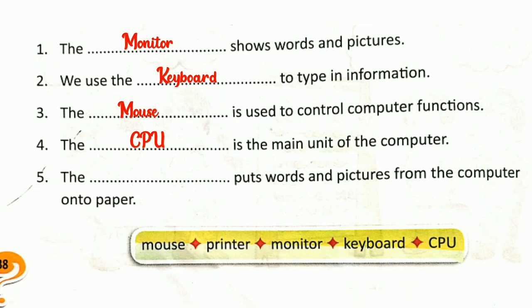The blank puts words and pictures from the computer onto paper. Which device puts words and pictures onto paper? Yes, it's a printer. Very good, children.